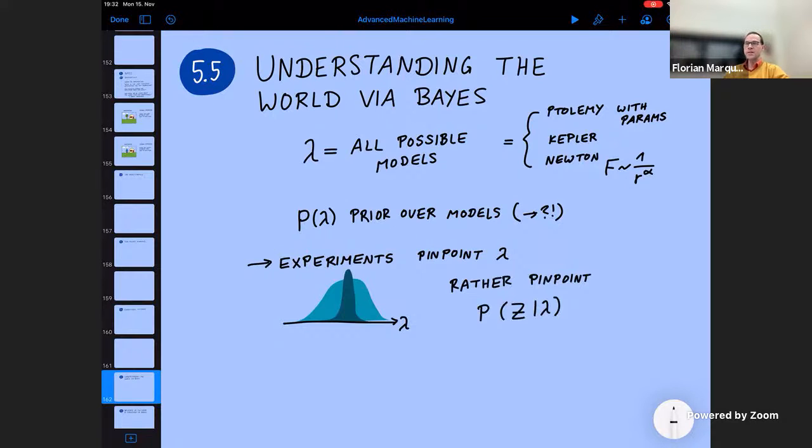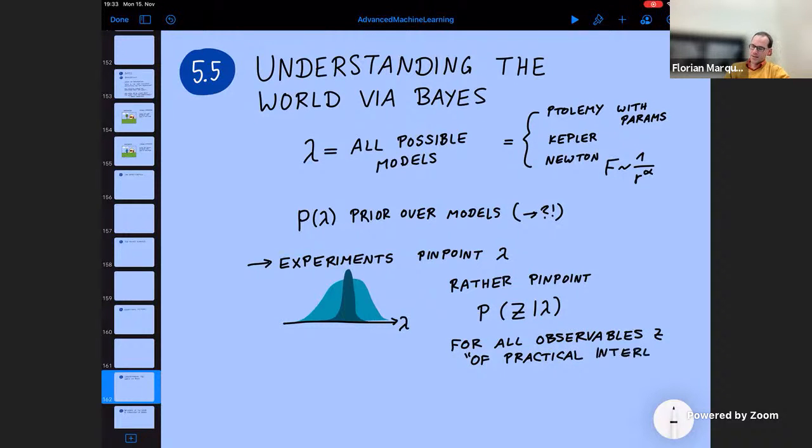They could even be very different if the P of Z given lambda for the practically important quantity Z is basically the same for all these lambda. And we don't care whether the distribution over lambda is still very broad or not. So we are happy if, for all observables Z of practical interest, the models start to agree after we have updated the model distribution given our experimental observations.